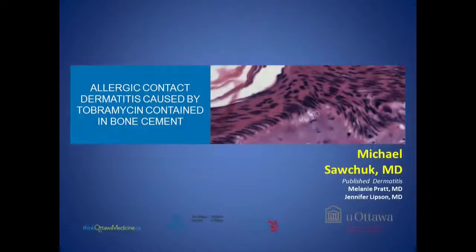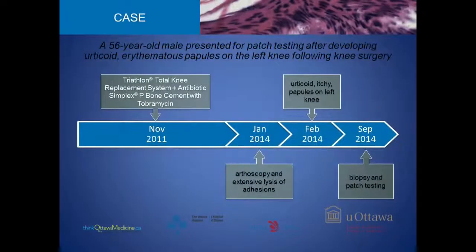Okay. Now, in that same vein about orthopedics, Michael Sawchuk presented this case and published it. This is about a fellow that had a triathlon total knee replacement. When orthopedic surgeons do this now, almost in all cases, in the cement they'll use cements that have antibiotics in them.